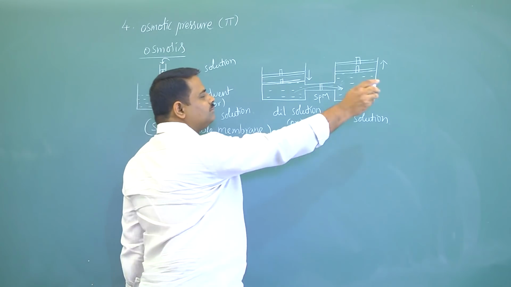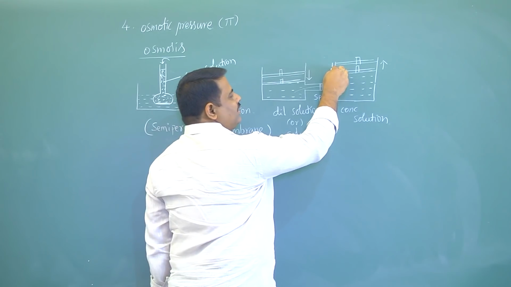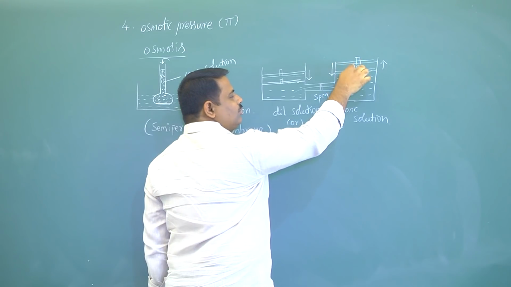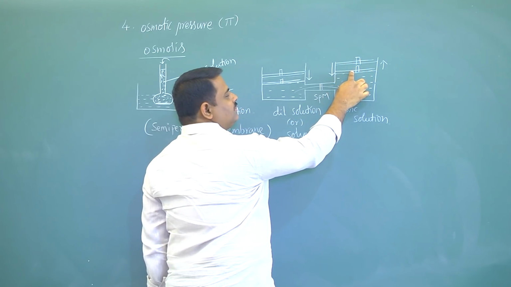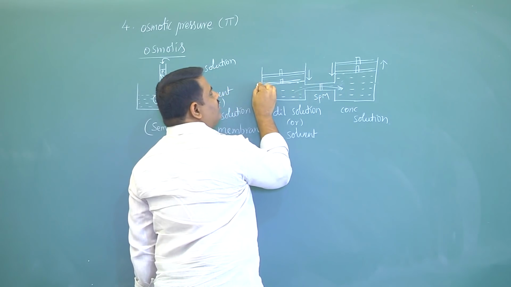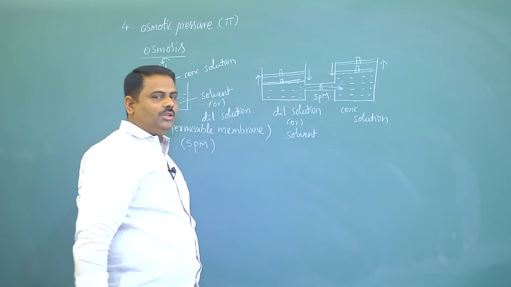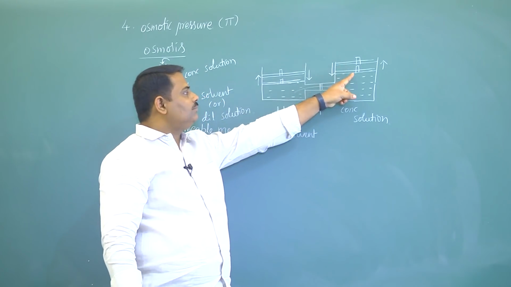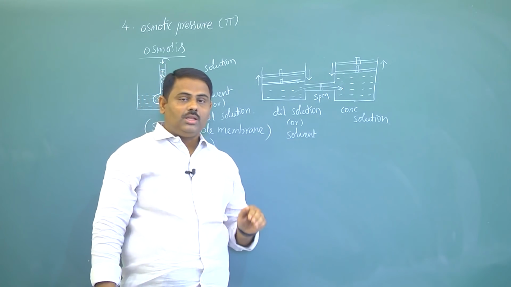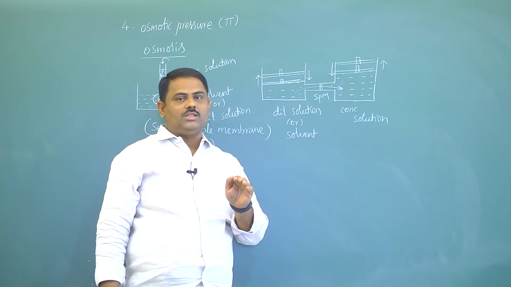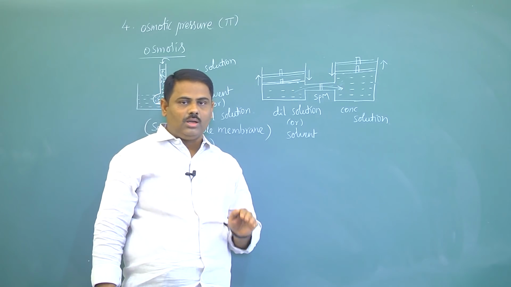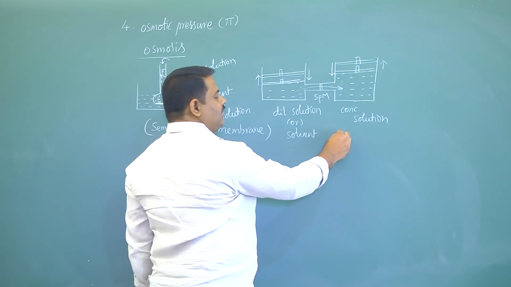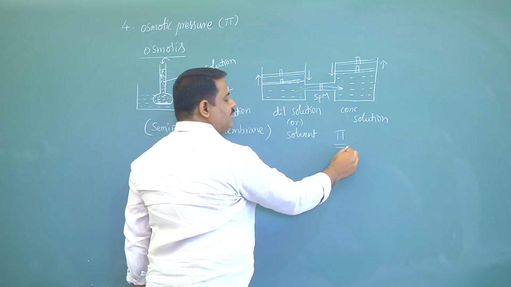Now by applying pressure on this movable piston and moving it to the original position, immediately it moves upwards. That means we are going to stop this osmosis process by applying pressure. The pressure that is required to stop the osmosis process is called osmotic pressure. This osmotic pressure is denoted by the symbol pi.